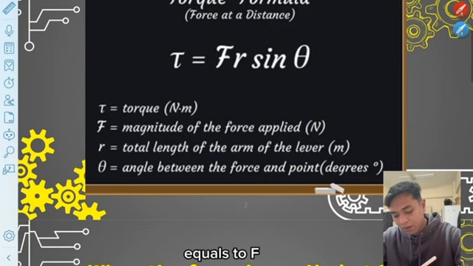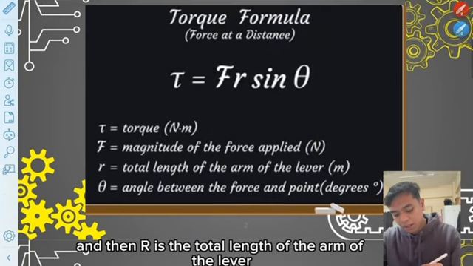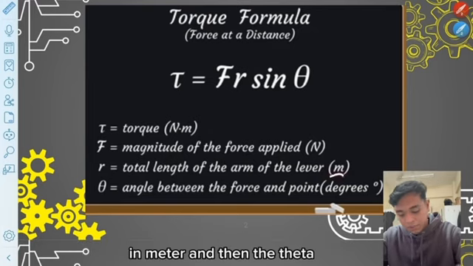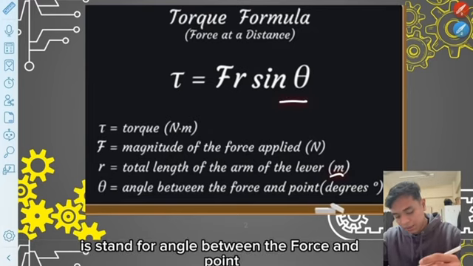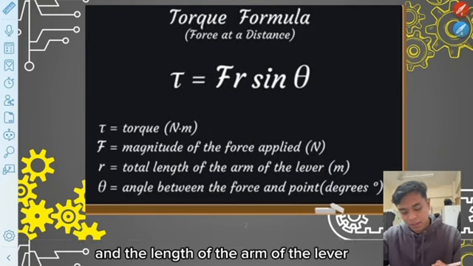F stands for the magnitude of the force applied, R is the total length of the arm of the lever in meters, and theta stands for the angle between the force and the length of the arm of the lever, in degrees.